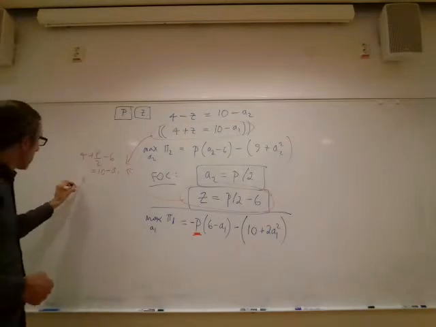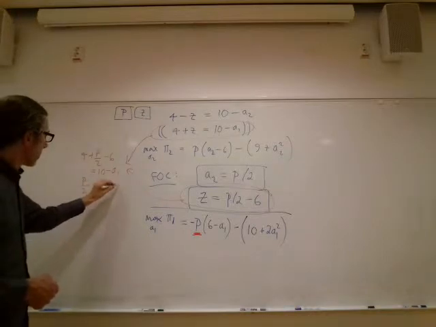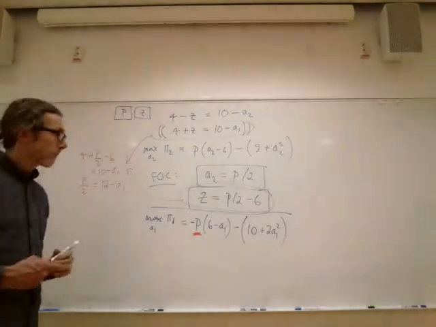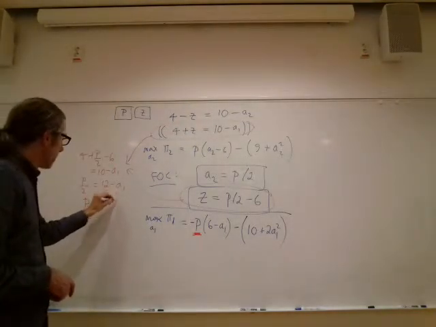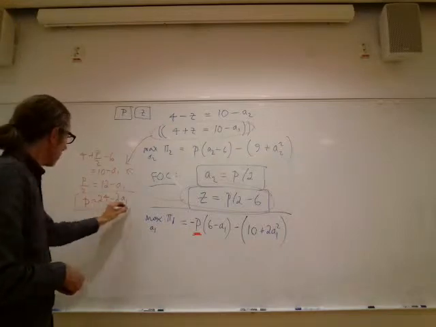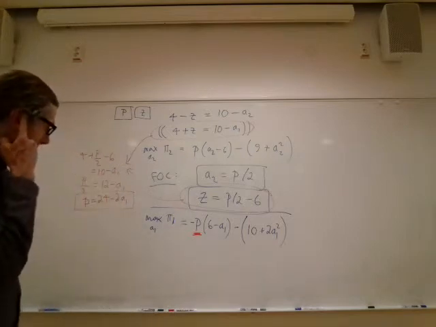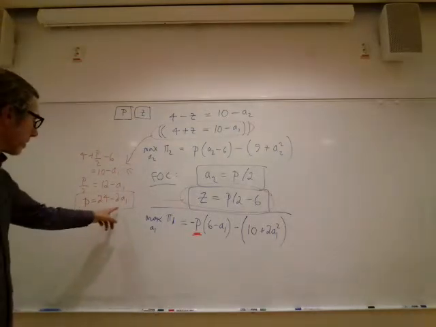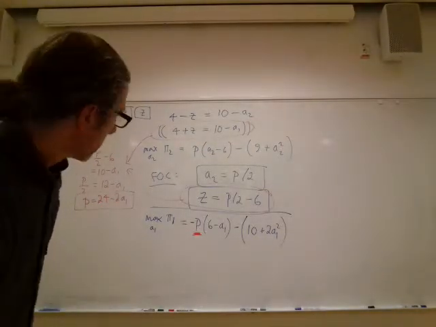So P over 2 is 12 minus A1. P is 24 minus 2A1. Okay, so we can substitute that in here.